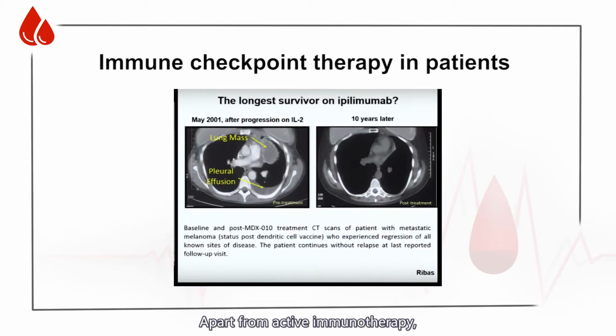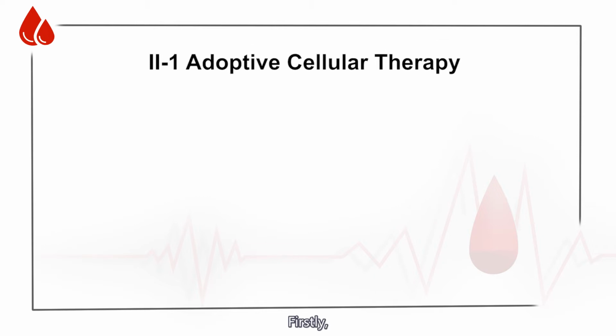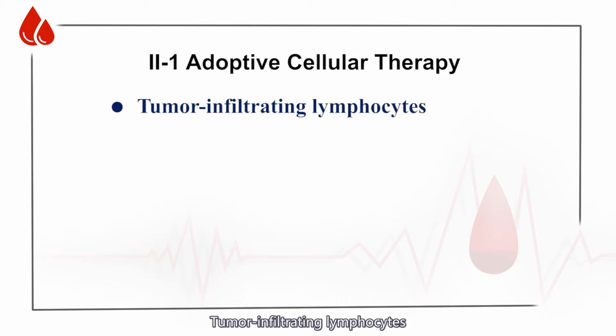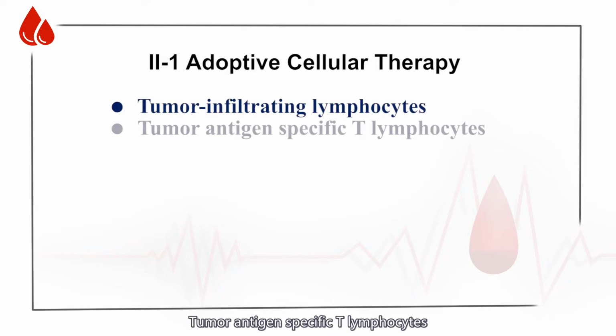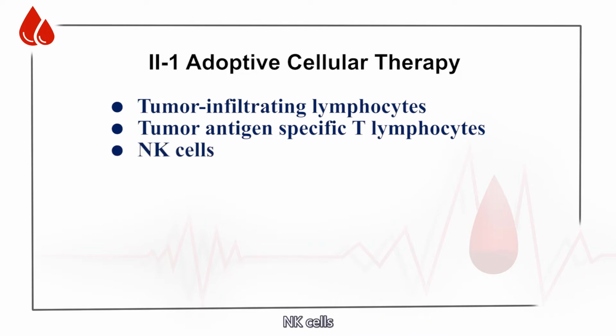Apart from active immunotherapy, immune cells or tumor-specific antibodies could be adoptively transferred or injected into patients. Firstly, let's look at adoptive cellular therapy, including tumor-infiltrating lymphocytes, tumor antigen-specific T lymphocytes, NK cells, and NKT cells.